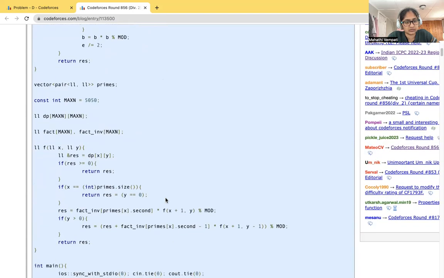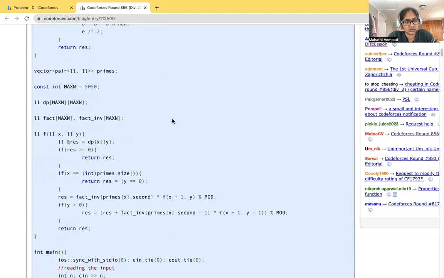Exponent, that's fine. I was thinking of using a map, but they just used a vector of pairs. Completely forgot about pairs. Oh my god.